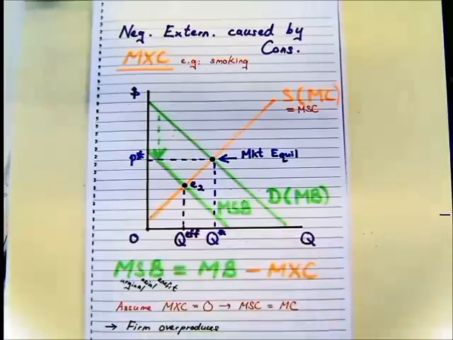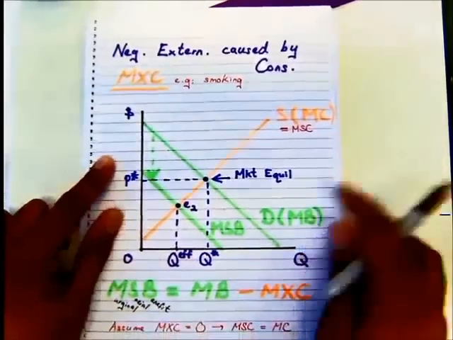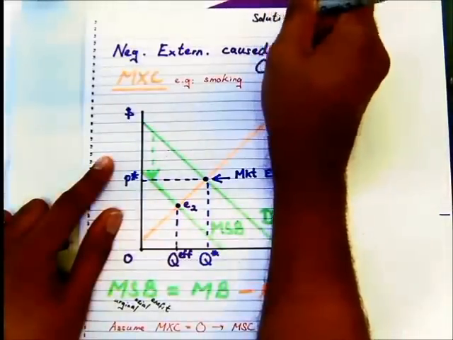How can we shift the demand curve, i.e. shift the marginal benefit curve downwards? The solution, as in the case of production externalities, the solution would be a tax again.